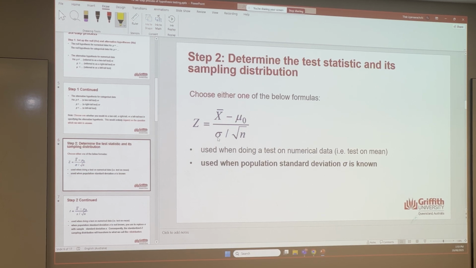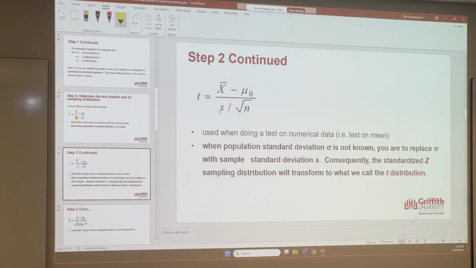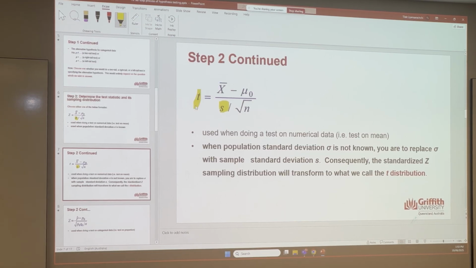This is the population standard deviation. If you don't have the population standard deviation, you have to use the sample standard deviation. If you are using the sample standard deviation, this does not follow the Z distribution, so it will follow a different distribution called the T distribution.